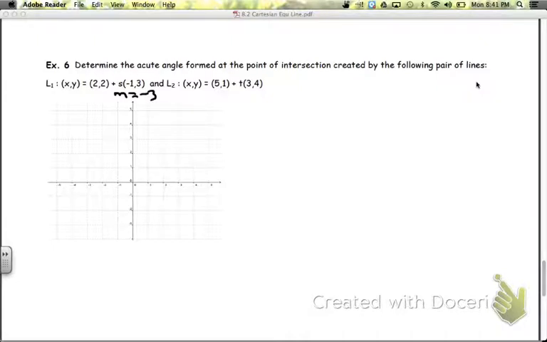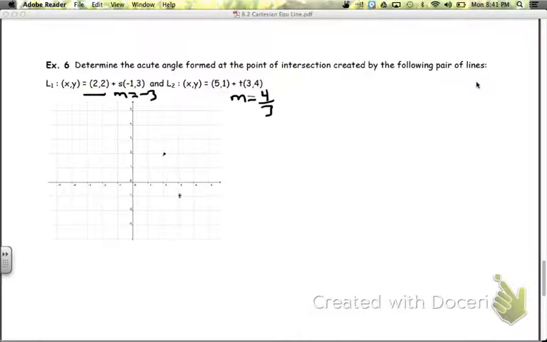For line 1, that means our rise is 3 down over 1 to the right. And my slope for line 2 is just equal to 4/3. So I'm going to first plot my point, 2, 2. So over 2, up 2. That's my point for line 1, and then I'm going to do my slope, so down 3 over 1.